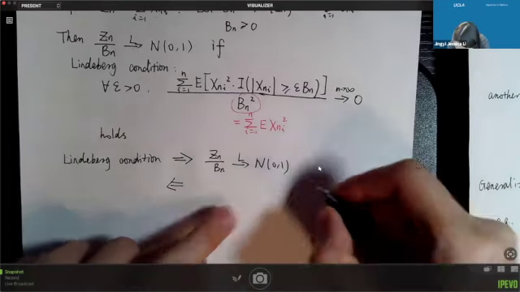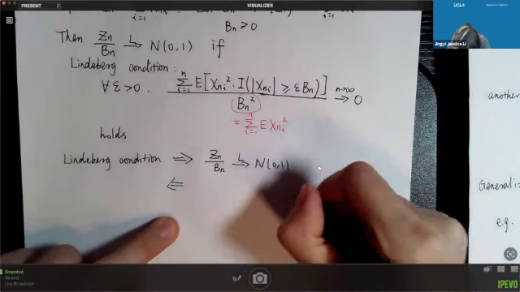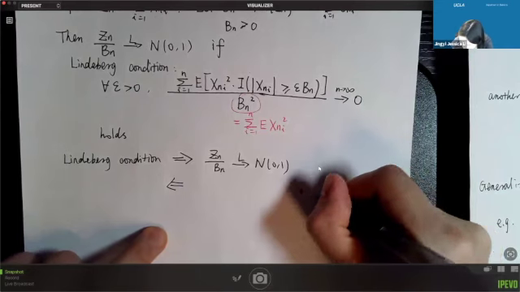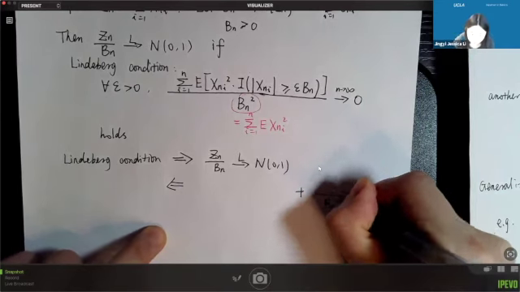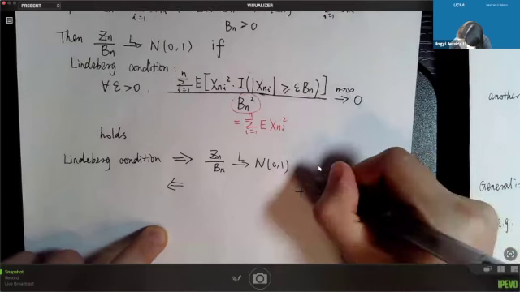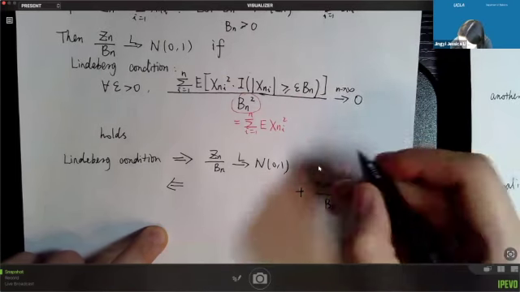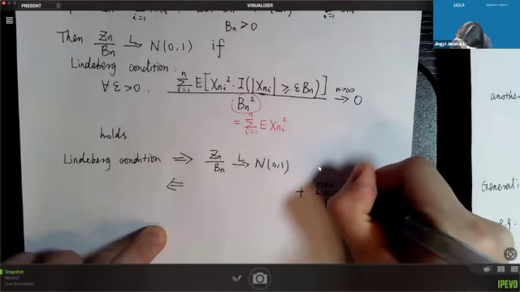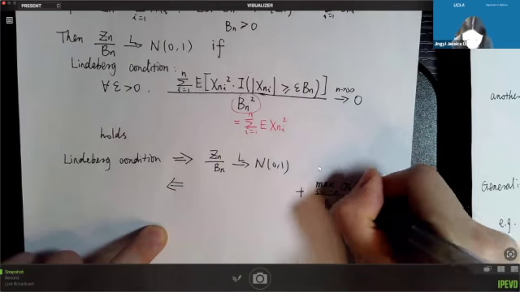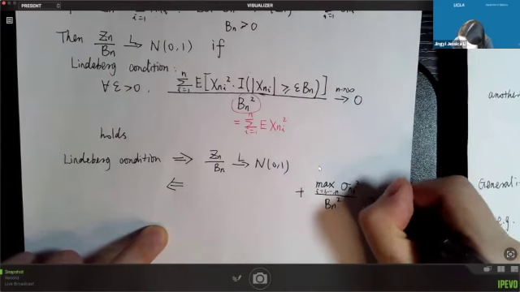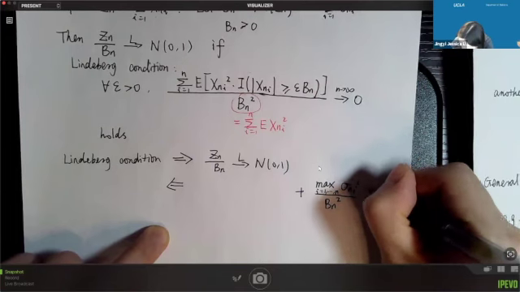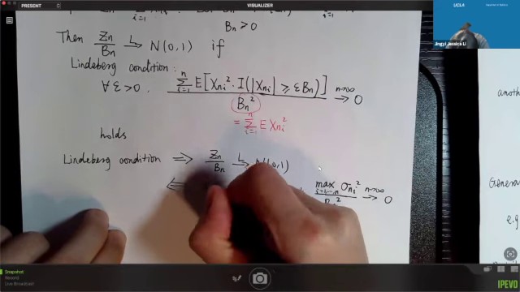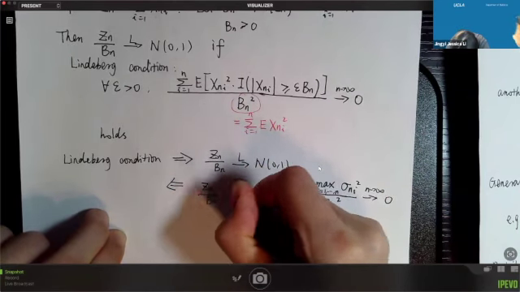In addition to this statement, we need to add a condition: bn squared in the denominator, and in the numerator, the max over i from 1 to n of sigma_ni squared. We need this to go down to 0 as n goes to infinity. Let me write this down to go the other way around.